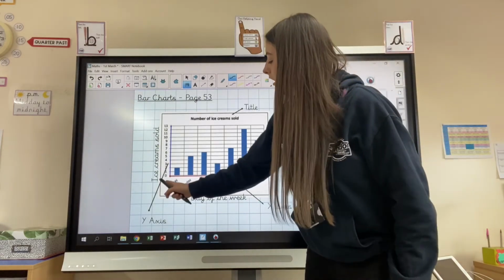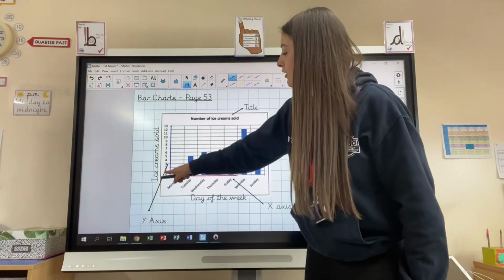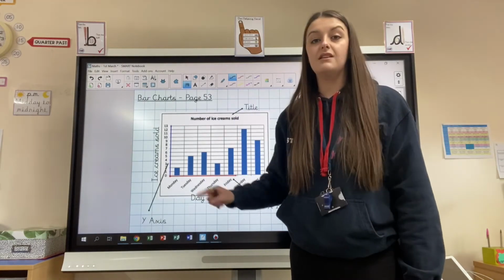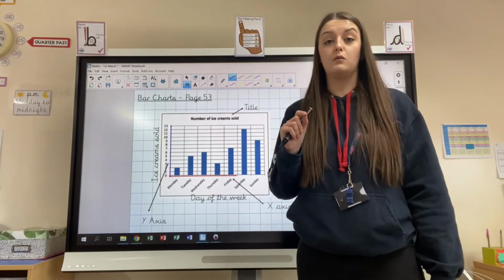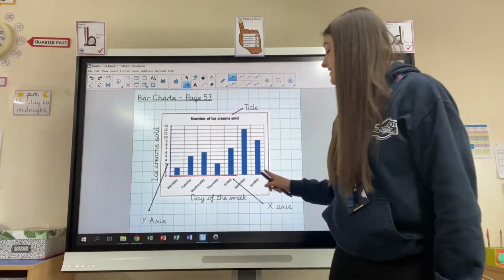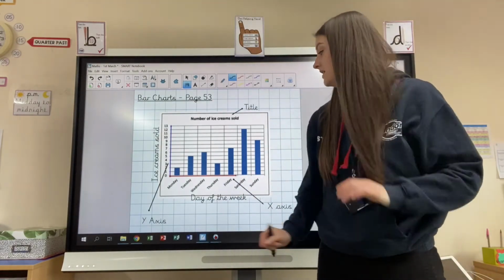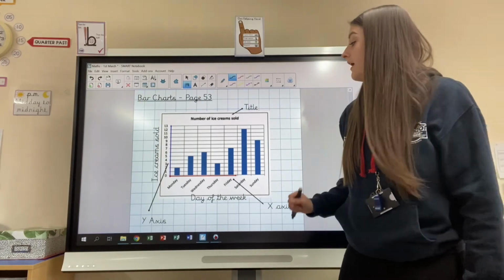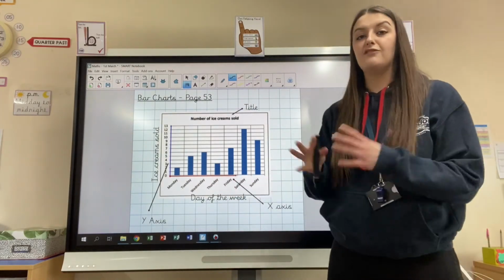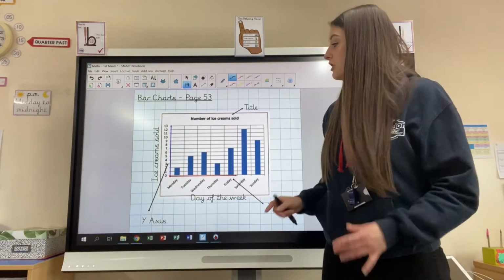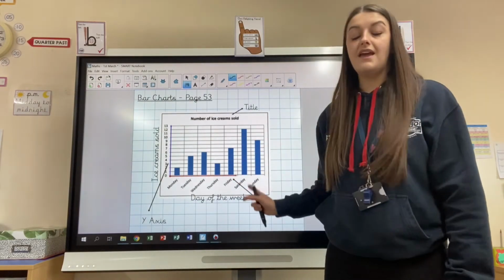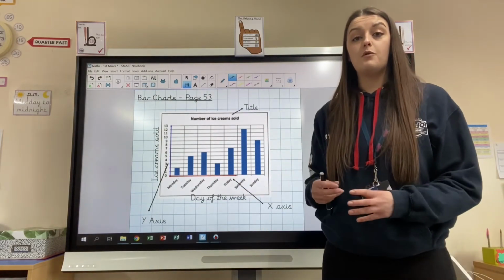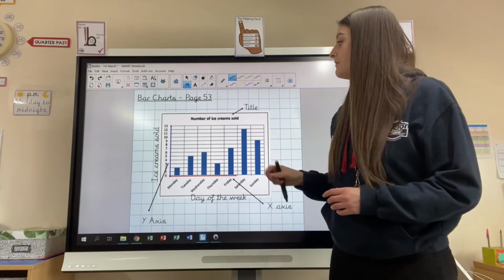So, along my y-axis, I've got numbers going all the way up, and this is the number of ice creams that were sold. Along the x-axis, going horizontally, I've got the days of the week, okay? Monday, Tuesday, Wednesday, Thursday, and so on. So I can use these axes, the y and the x-axis, to interpret and get some data from this bar chart.